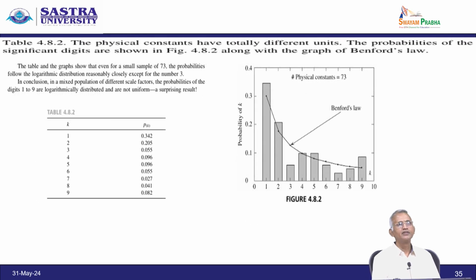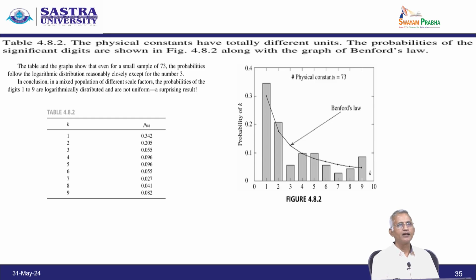In the next example, the physical constants have totally different units. The probabilities of the significant digits are shown in the figure along with the graph of Benford's law. The graph is decreasing, starting from 0.3 on the y axis, with digits 1 to 9 on the x axis, and the sample of physical constants is 73.